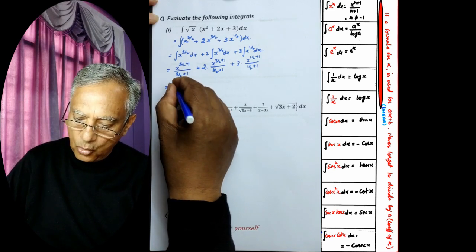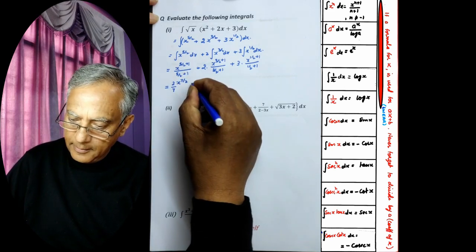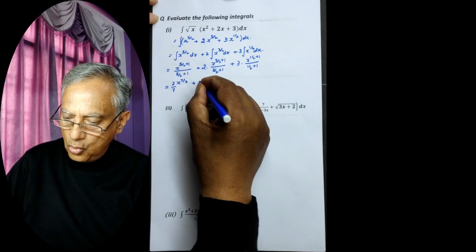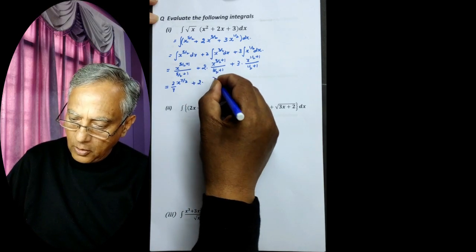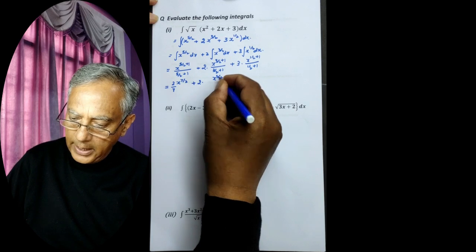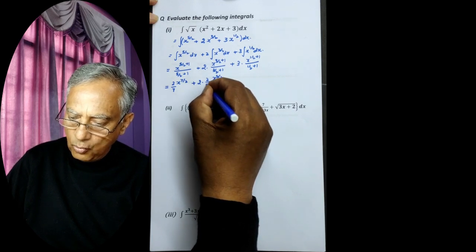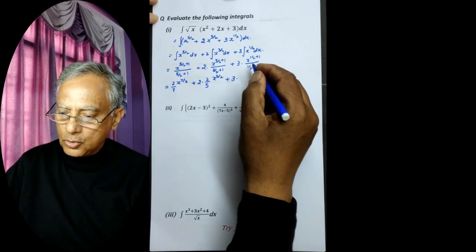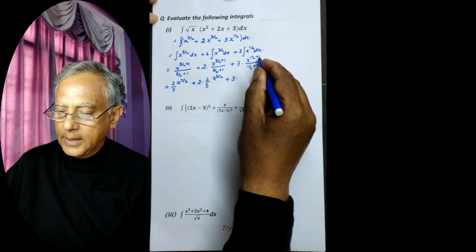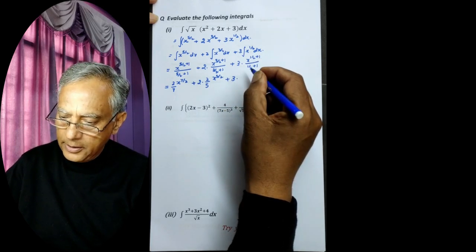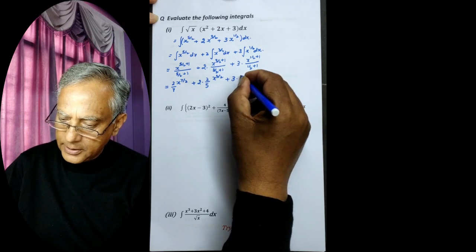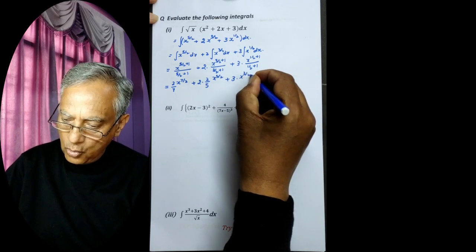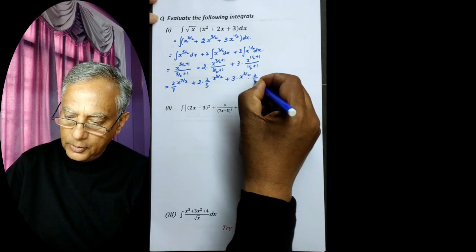So this will be 2 by 7 plus 2 into x to the power of 5 by 2, and this will be 2 by 5 plus 3 into x to the power of half plus 1. Half plus 1 is 3 by 2. So this will be x to the power of 3 by 2 into 2 by 3.